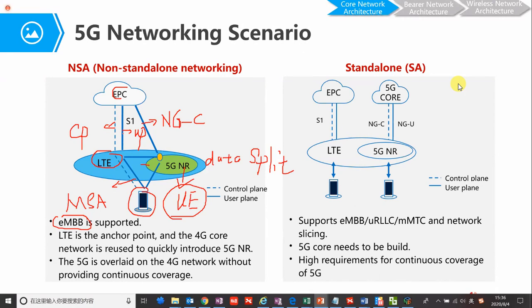So if 5G isn't available somewhere, the smartphone, the terminal, should change the point of attachment to the LTE network. This is just to confirm transparent and seamless mobility for the users.